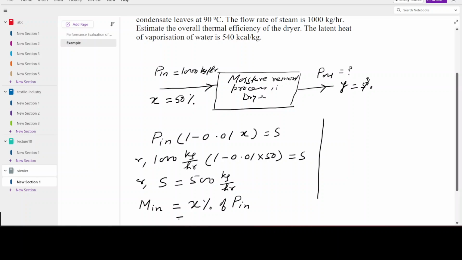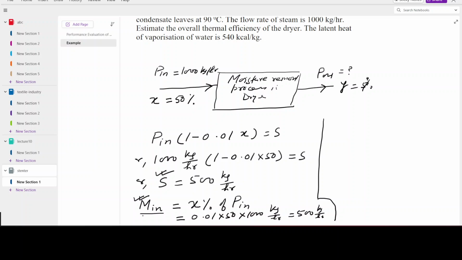So this comes out to be 0.01 into 50 into 1000 kg per hour. This will come out to be 500 kg per hour. So we have mass of solid also, and we have already found M in.